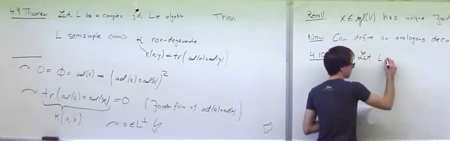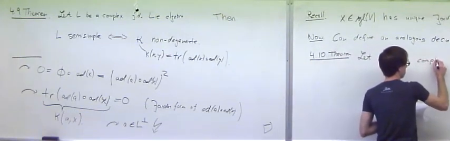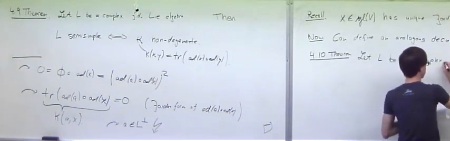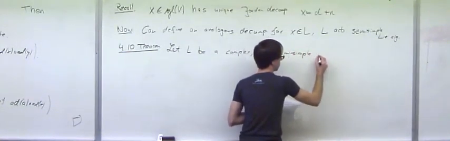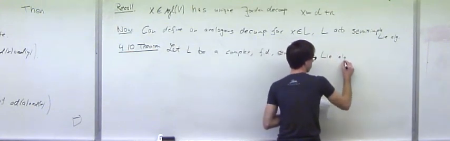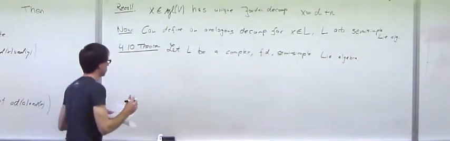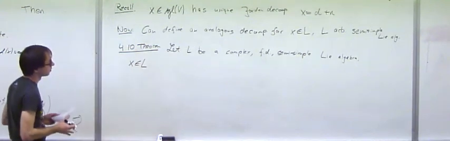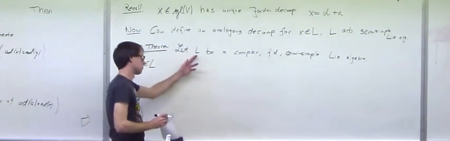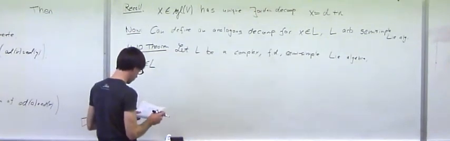So L is a complex finite dimensional semi-simple Lie algebra, and X is an element of this abstract Lie algebra, not necessarily a linear Lie algebra.